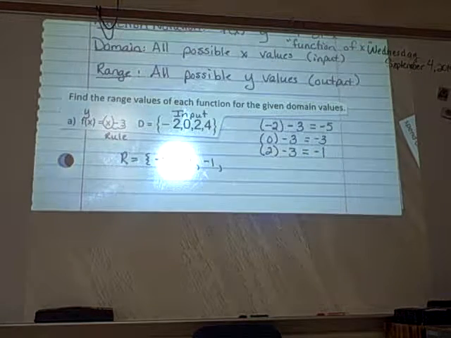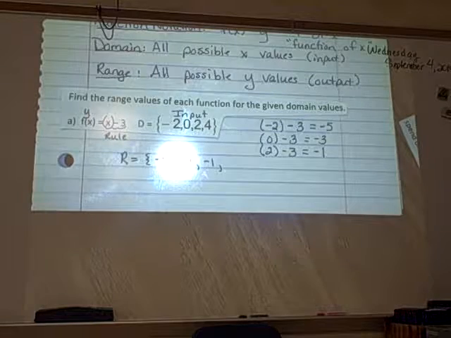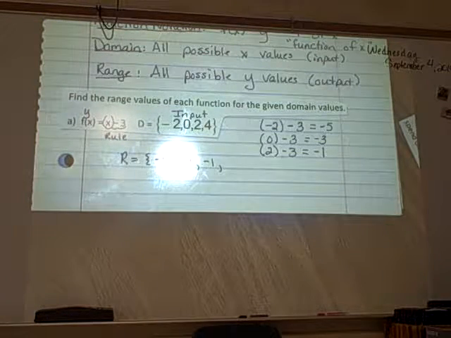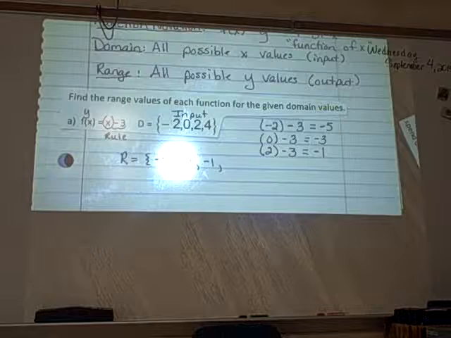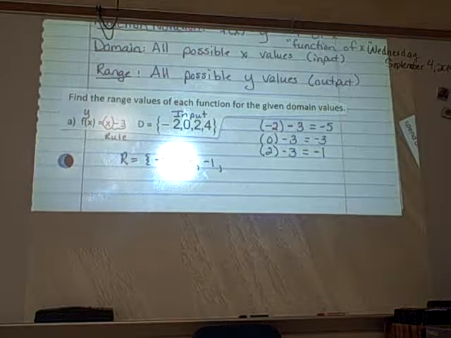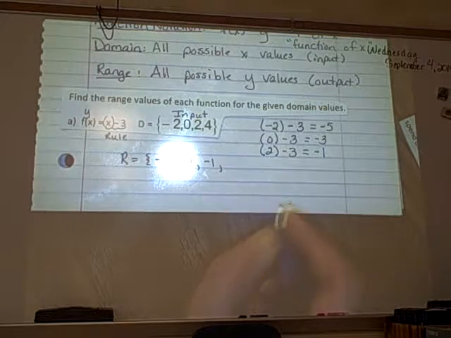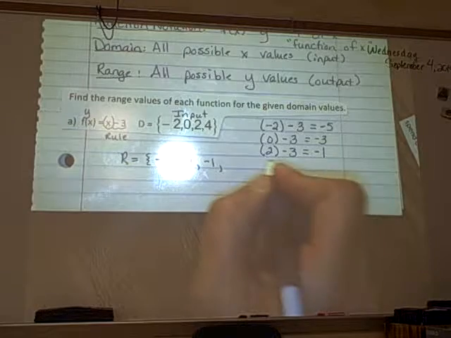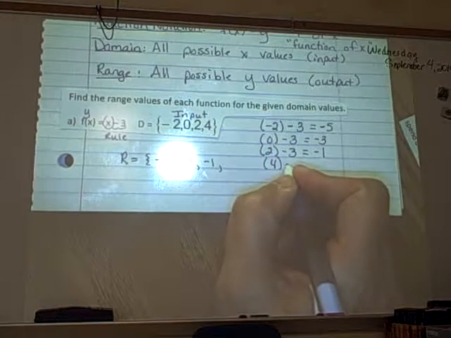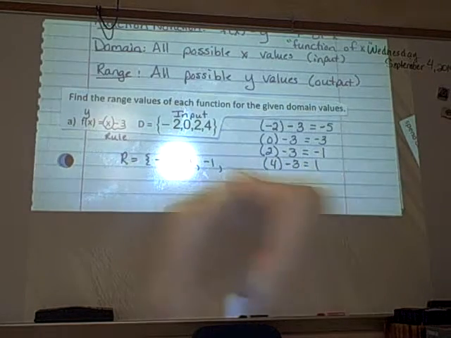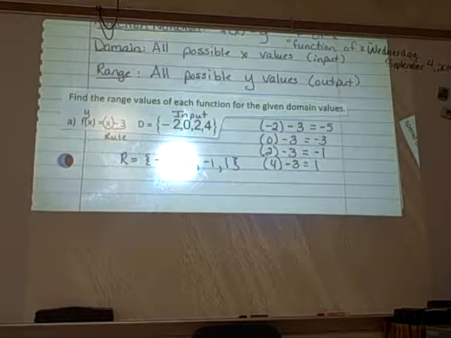And I'm going to say it on the tape right now: at home, when you're doing your homework, if you want to use a calculator, I'm totally fine with that. When you're just figuring out domain and range, I'm okay with you using a calculator. If your parents don't believe you, make them get on Schoology and rewind this tape. Miss Rieper said it out loud. Okay, 4 minus 3 is 1, the last one. So there's my range.